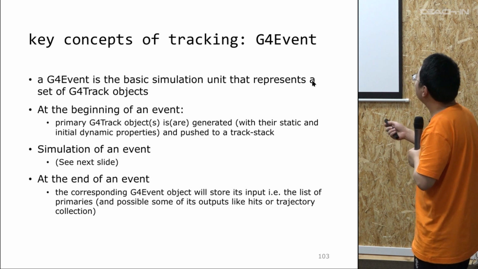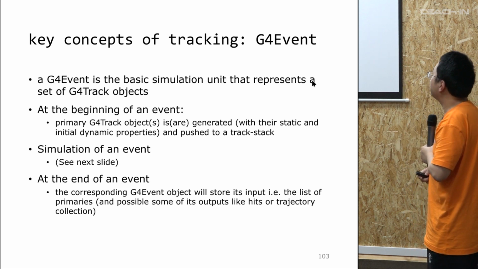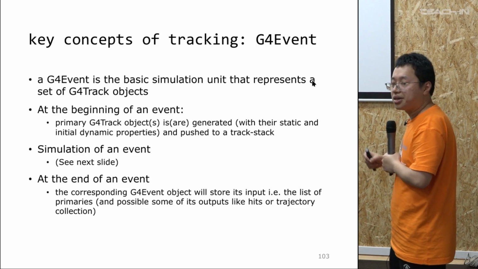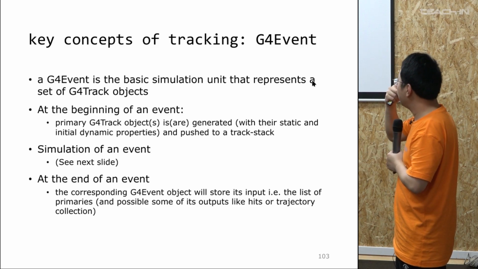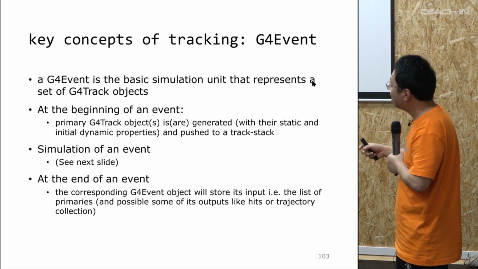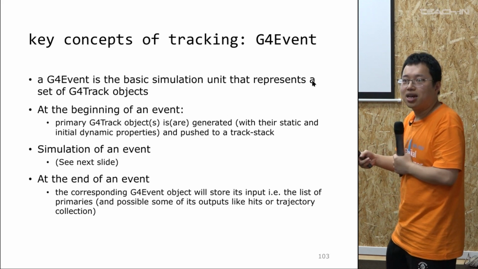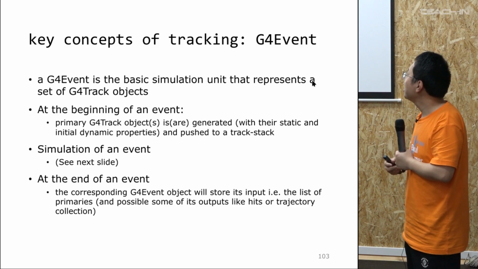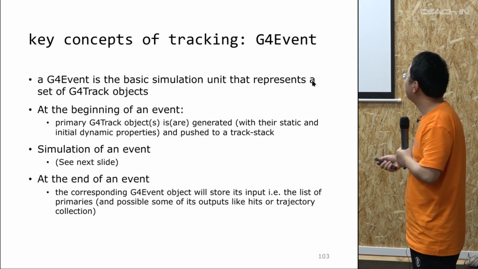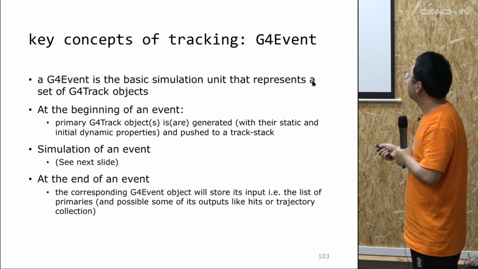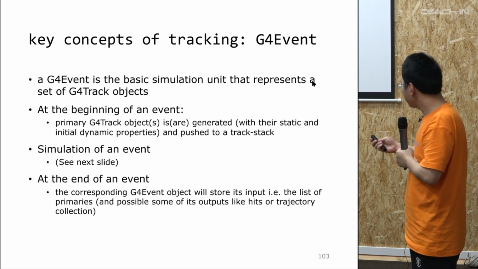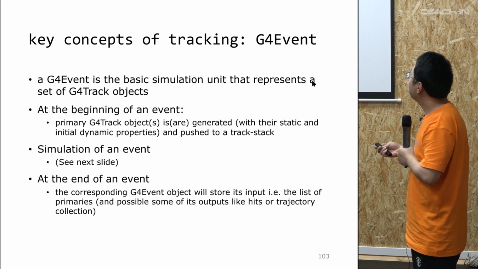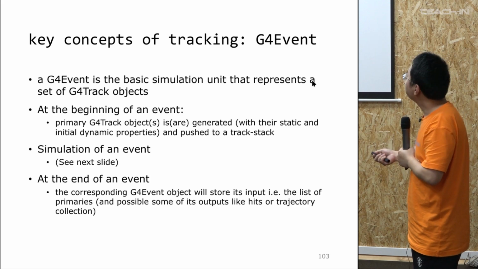Then another is the Geant4 event. This is the basic unit in Geant4, as also in our HEP experiments. The event is very important. The G4 event provides two interfaces.